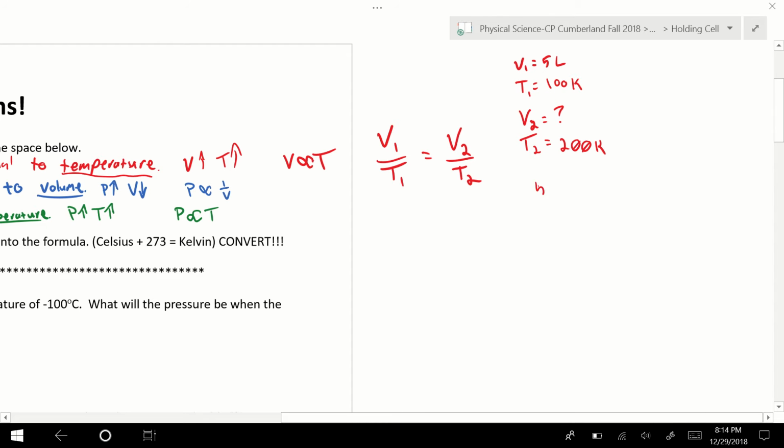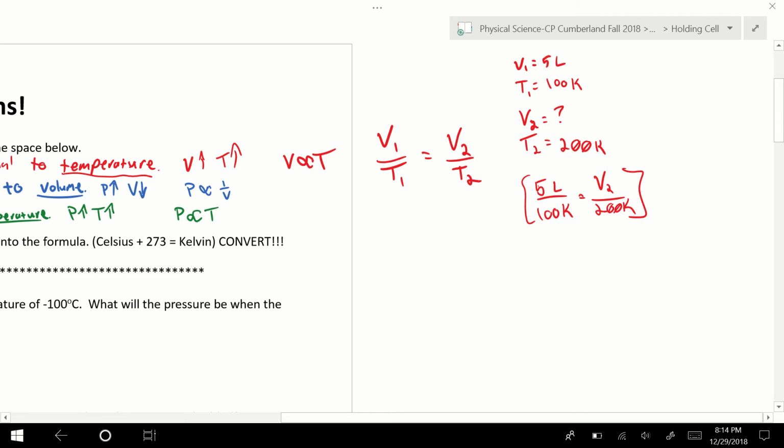That means that you set this up, always use your units. Whatever this side would equal out to is going to be the same as this side.